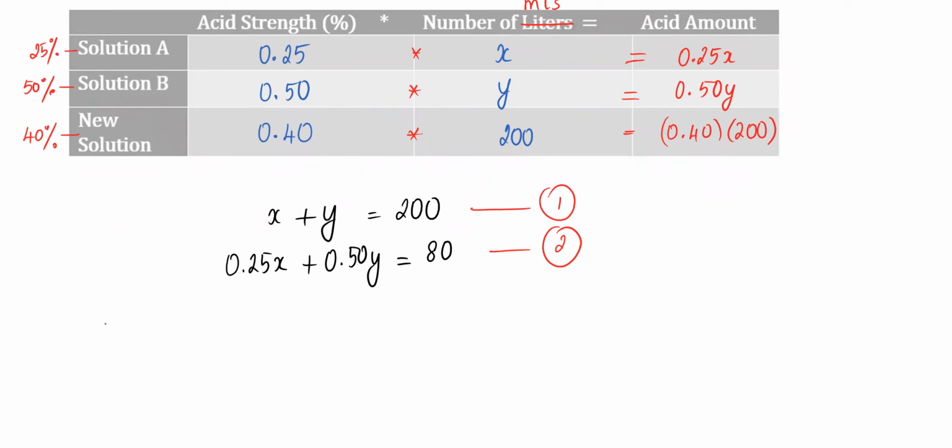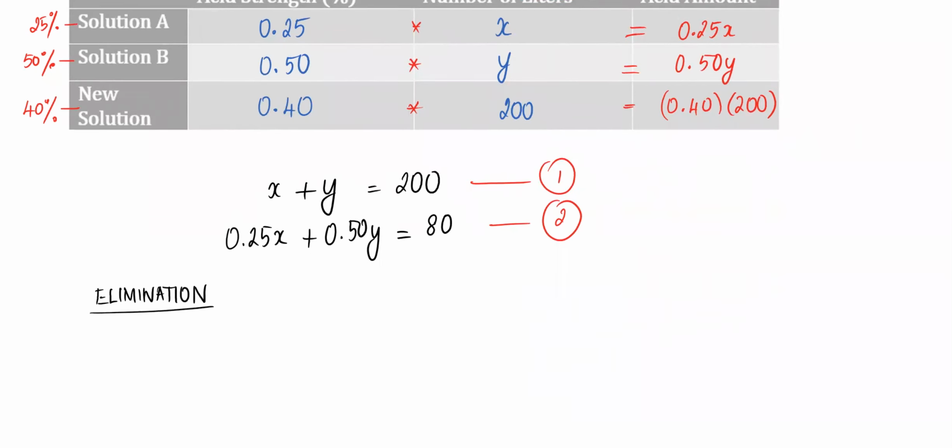We're going to use, let's say, the elimination method here. So I multiply the first equation by, we need a negative sign as well, so by negative 0.5. All right, so that gives us negative 0.5x, negative 0.5y equals 200 times negative 0.5, which is negative 100.